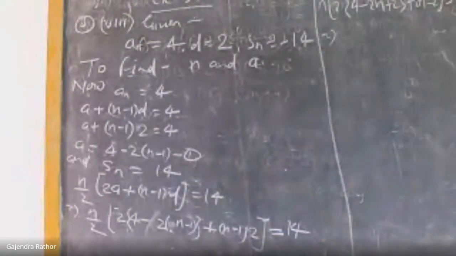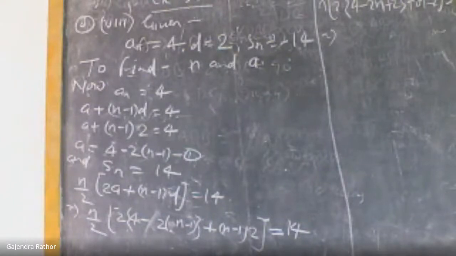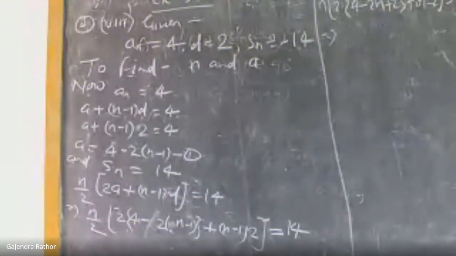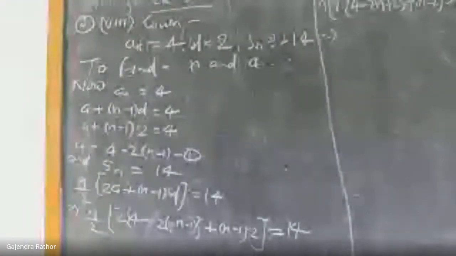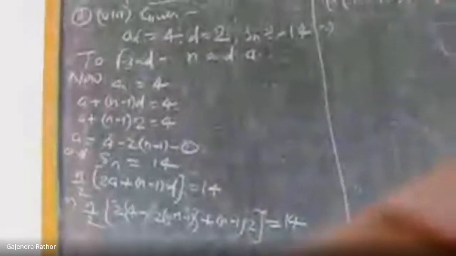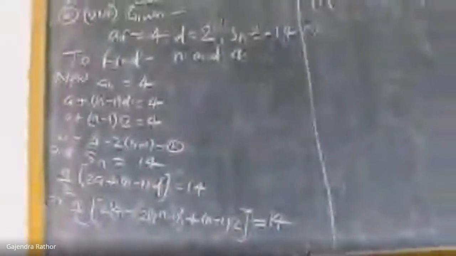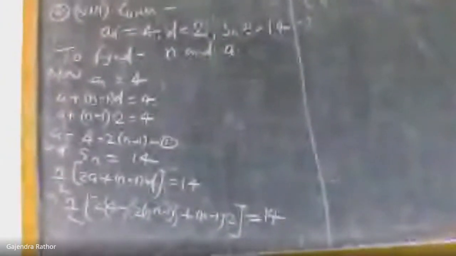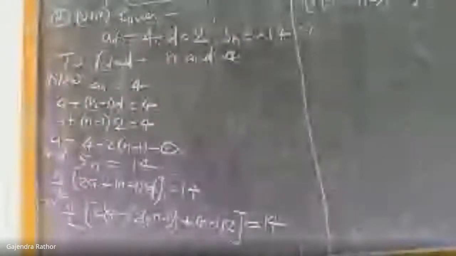I think because of some network problem, the board is partially blurred. Now it is clear?